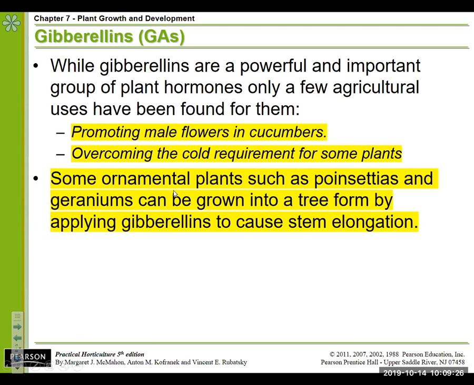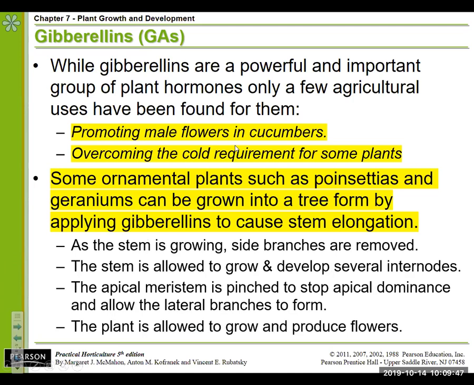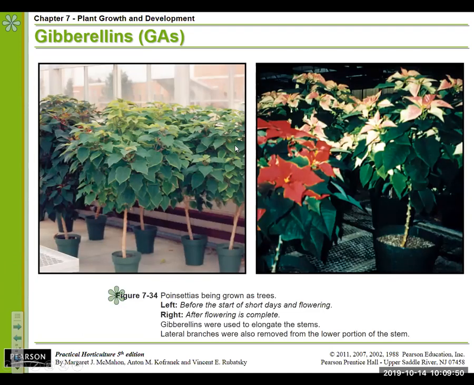And in some cases, we use them in ornamental plants, such as poinsettias and geraniums, to get them to grow more into a tree form, because the gibberellins are involved in that stem elongation, which just makes a different, ornamental, more aesthetically pleasing form of that plant. So here's an example of that, where we've applied gibberellins and removed the side shoots to make them a more attractive kind of tree form rather than just the more bushy natural plant.